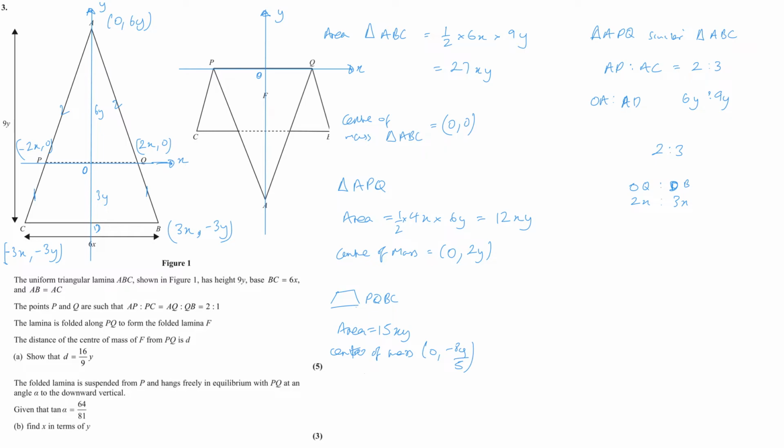It was at (0, 2y), now it's folded over, so it's still 0 and it's now minus 2y.